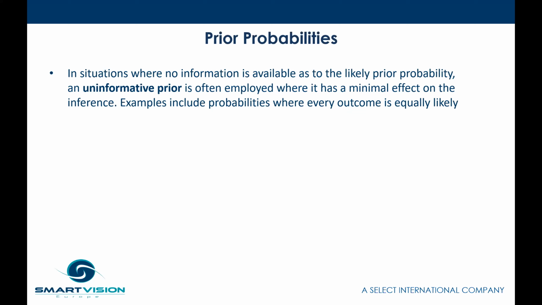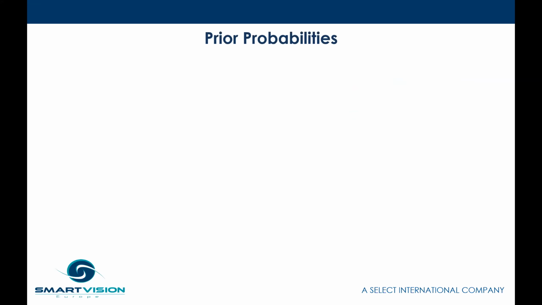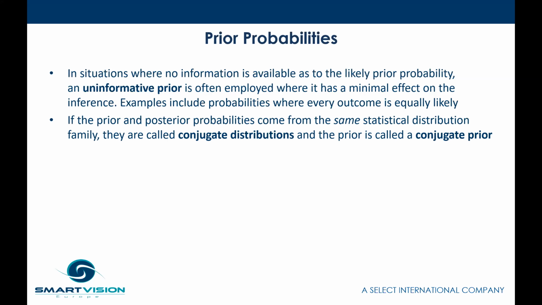The value could be anything. In which case, that's called an uninformative prior, and it means effectively it's very close to a frequentist stance. It says there's an equal chance of the value being anything. It's equal chance that the average age could be anything from 1 to 101. That's an uninformative prior. Examples include probabilities where every outcome is equally likely.